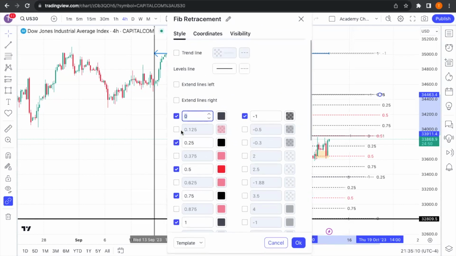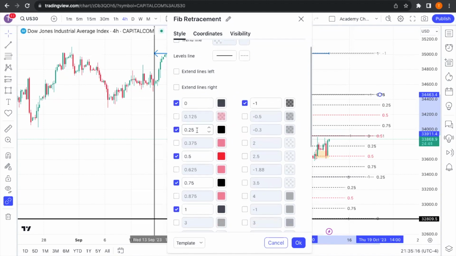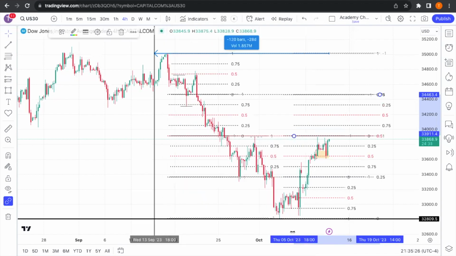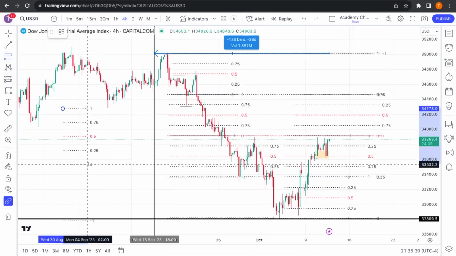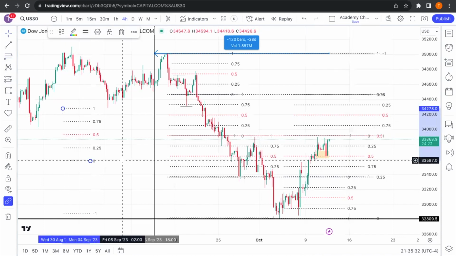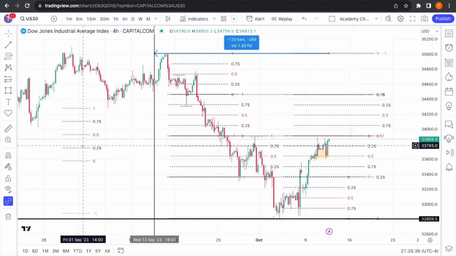You can set a bunch and turn some off and some on, but I just have mine at basically quarters. So it's at 0.25, 0.5, and 0.75. So you're just cutting them into fourths.